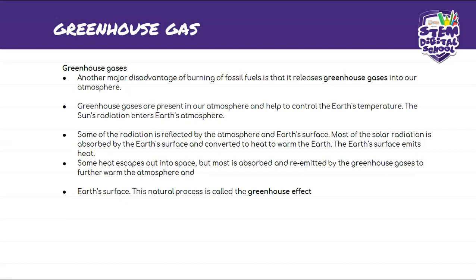So you see that the more these gases are produced, the more they absorb certain substances and re-emit them or bring them back to the atmosphere, which in one way or the other is warming up the surface of the earth. So this natural process is called the greenhouse effect.